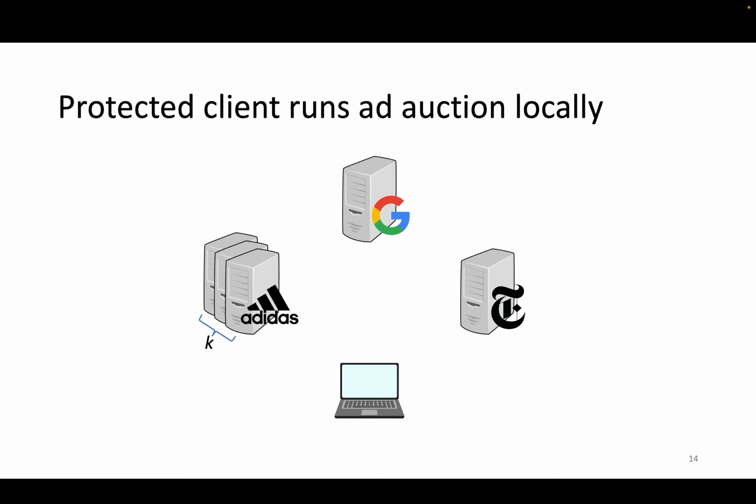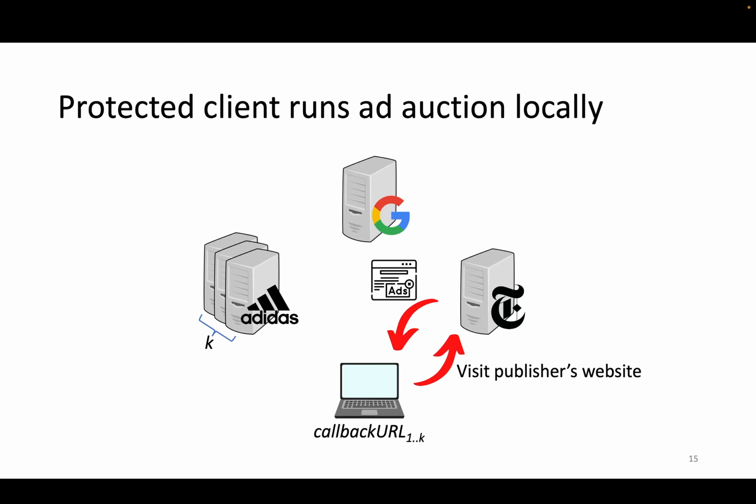With the Protected Audience API, things look a bit different. At a high level, when the client visits an advertiser's website, the advertiser sends back what we'll call a callback URL, which the client's browser can later use to set up retargeting opportunities. When the client visits a publisher website that wants to serve a retargeted ad, the client's browser uses the stored callback URLs to run a local auction with advertisers it's visited before to determine a winning advertiser.